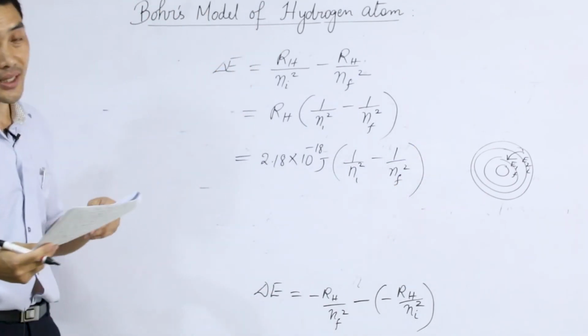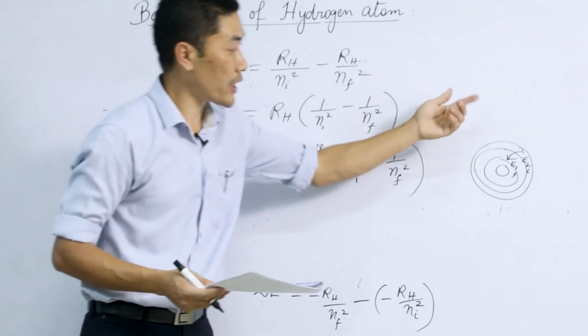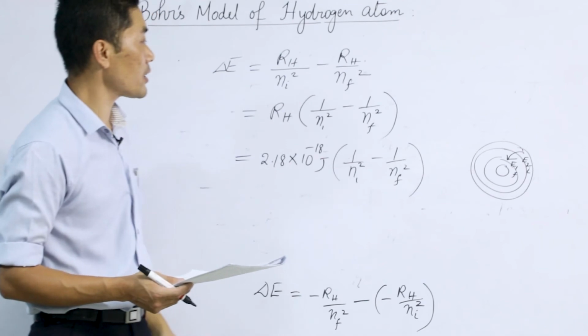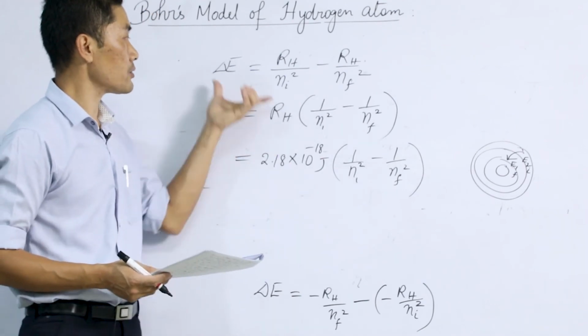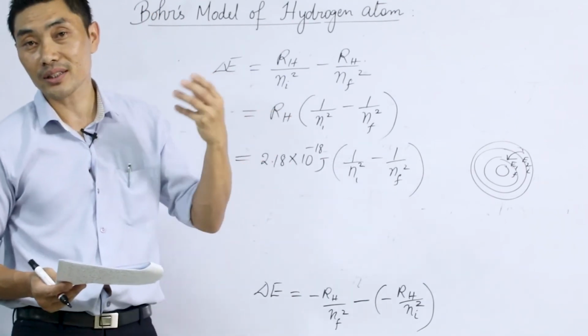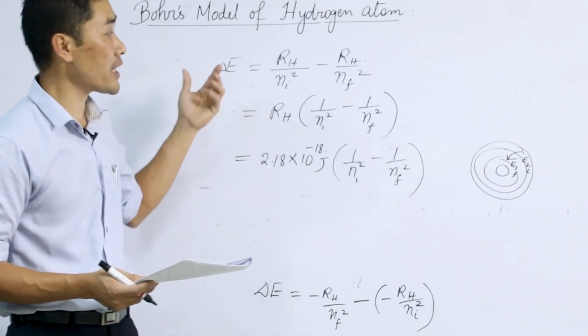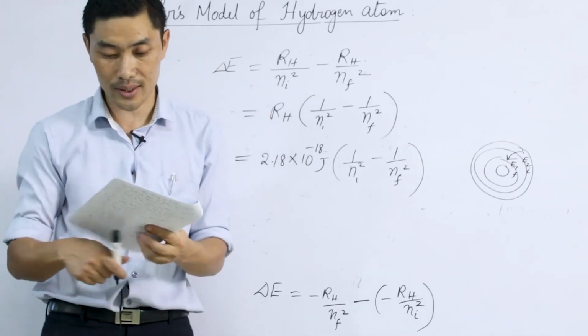So whenever an electron jumps from one orbit to another orbit, or from one stationary state to another stationary state, we can use this relation to calculate how much energy is released or absorbed, or to find the energy difference between the two states.